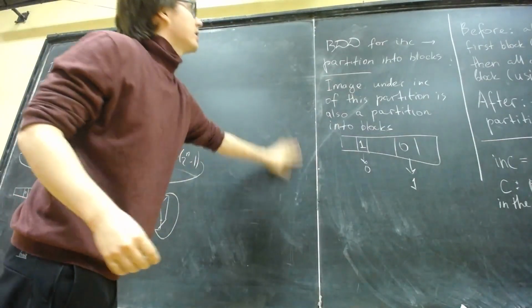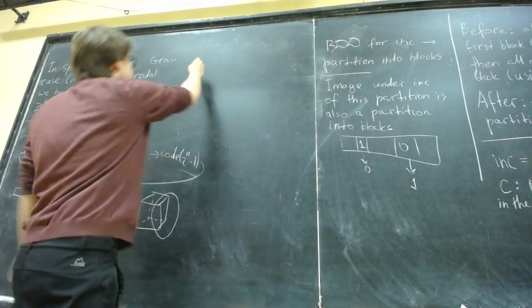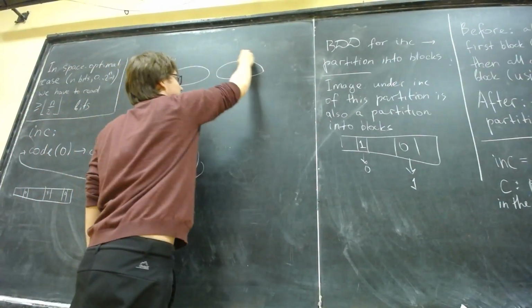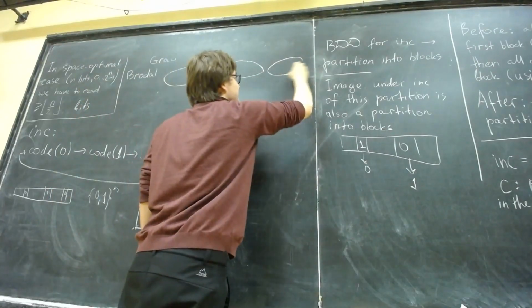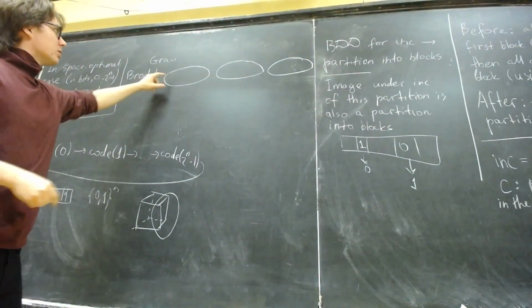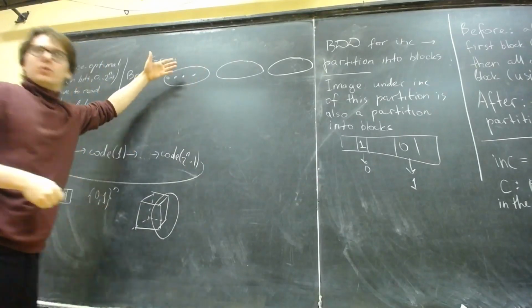So first of all, we have a partition into blocks here. Let me draw them. Each ellipse is a block.